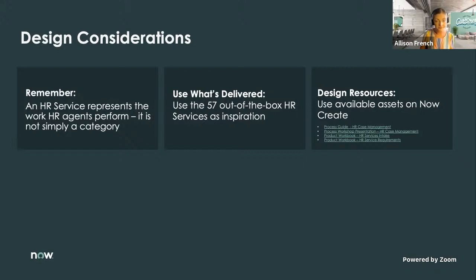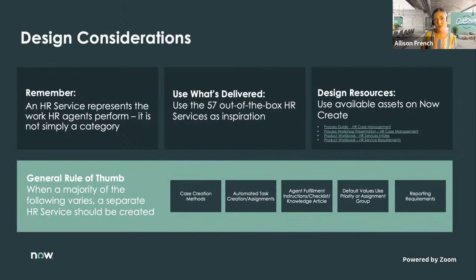The other thing to mention as a design consideration is a general rule of thumb. With creative development, one HR service could do multiple things. But really, the general rule of thumb is that when a majority of the items we see across the bottom of the screen vary, or even if two or three of these vary, that's when we should be considering creating a separate HR service.